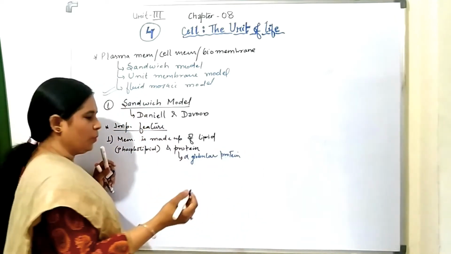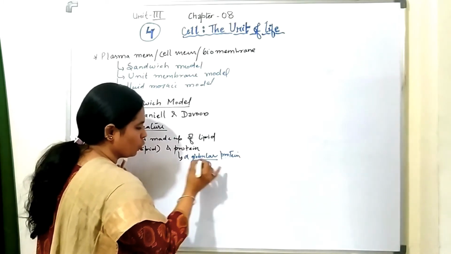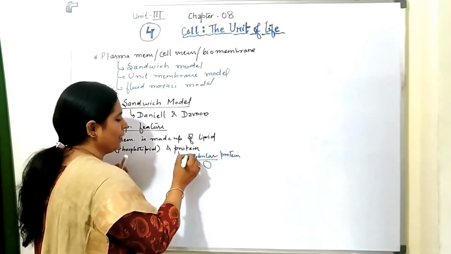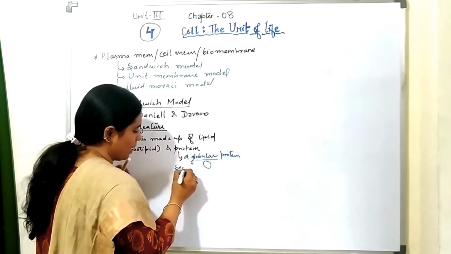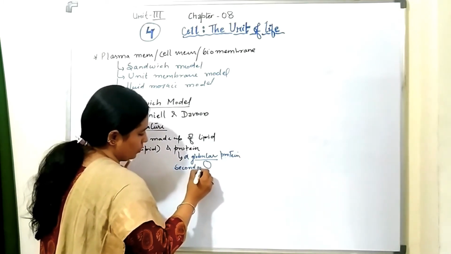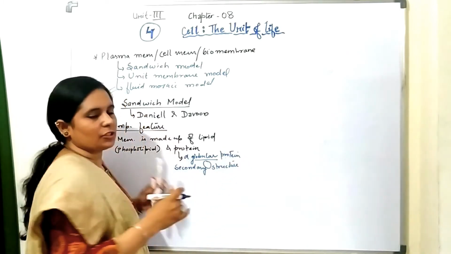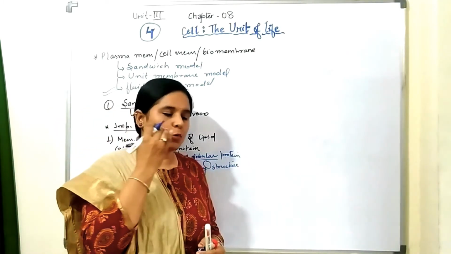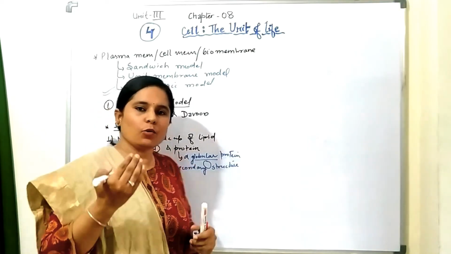So what is globular? As the name suggests, it is globular in shape, and this kind of protein is having secondary structure. You will read about this in chapter 9, that the protein is having 4 structures: primary, secondary, tertiary and quaternary.